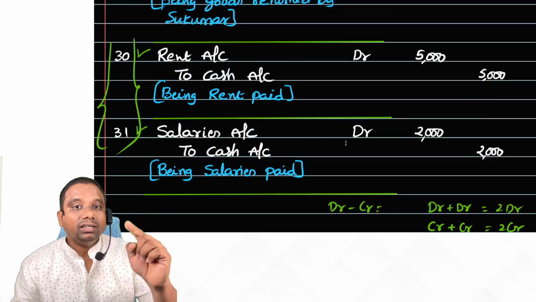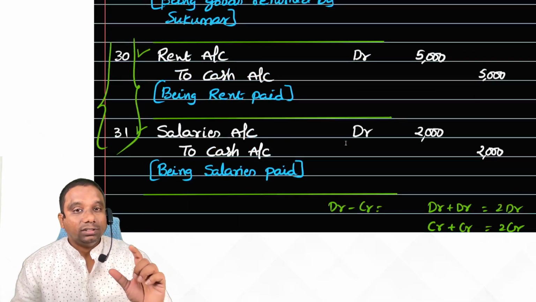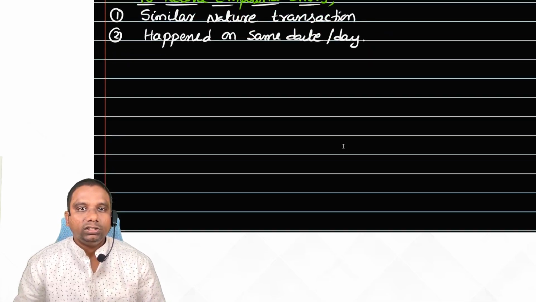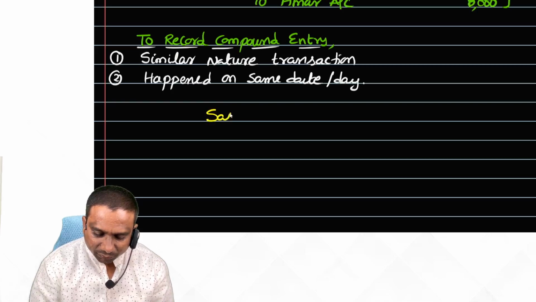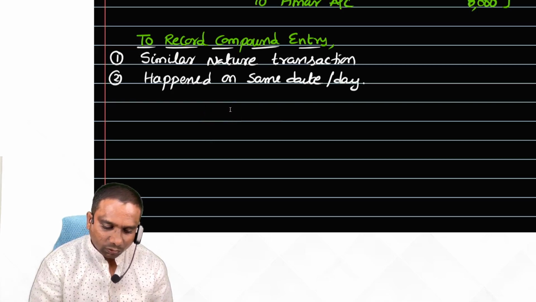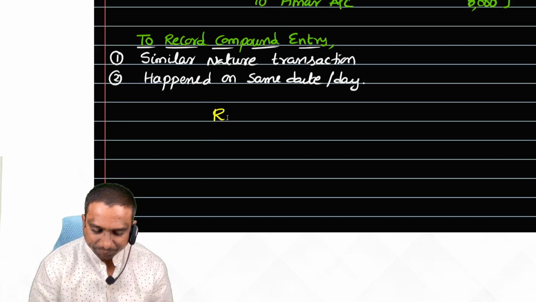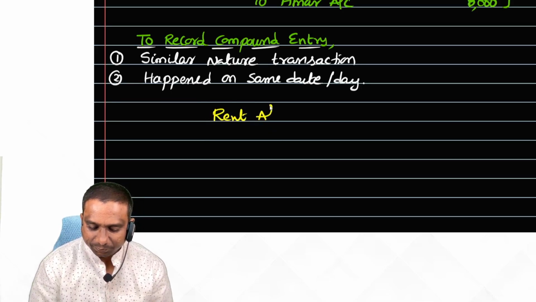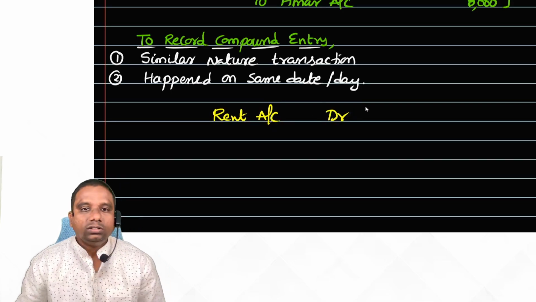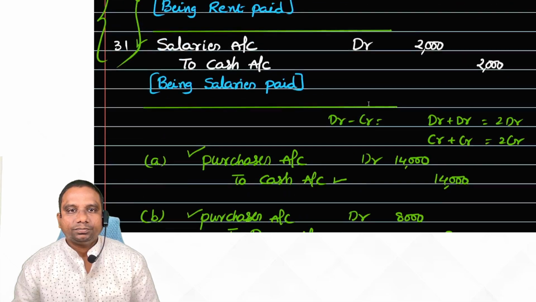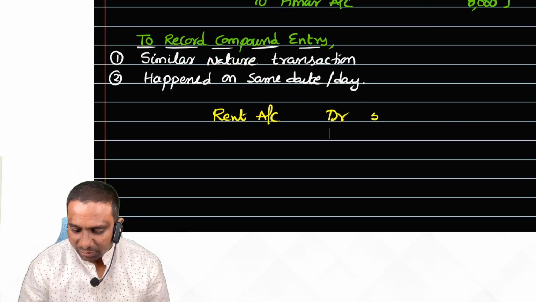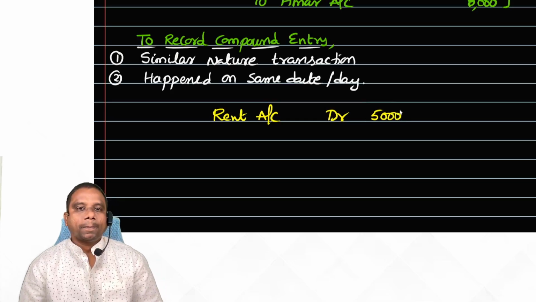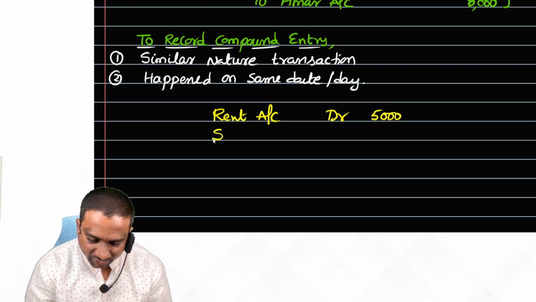Here rent and salaries are different, that's why we first write rent account. Rent account debit, how much? 5,000. Rent account debit 5,000. Next one, salaries account debit.